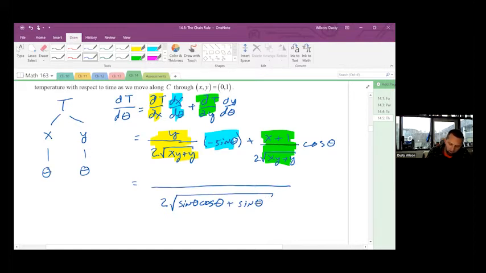And then our numerator is going to be y, which is sine theta, times negative sine theta, or negative sine squared theta, plus our x times cosine, which would be cosine squared theta, plus cosine theta.